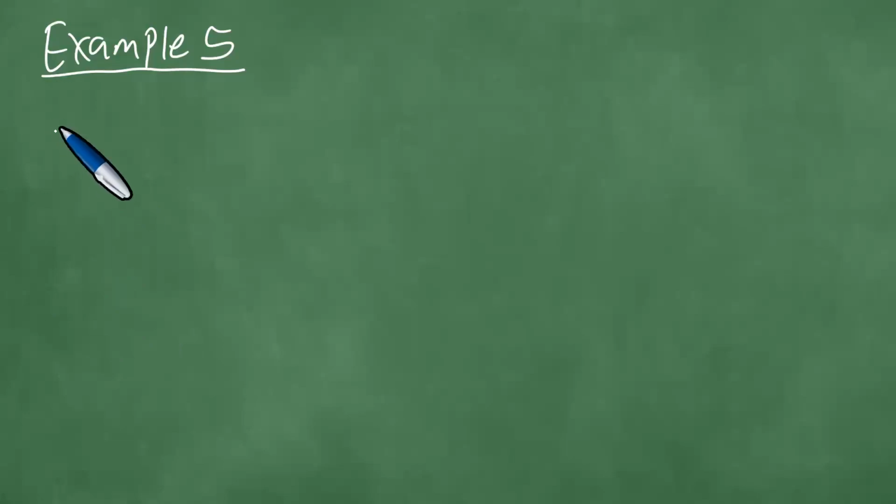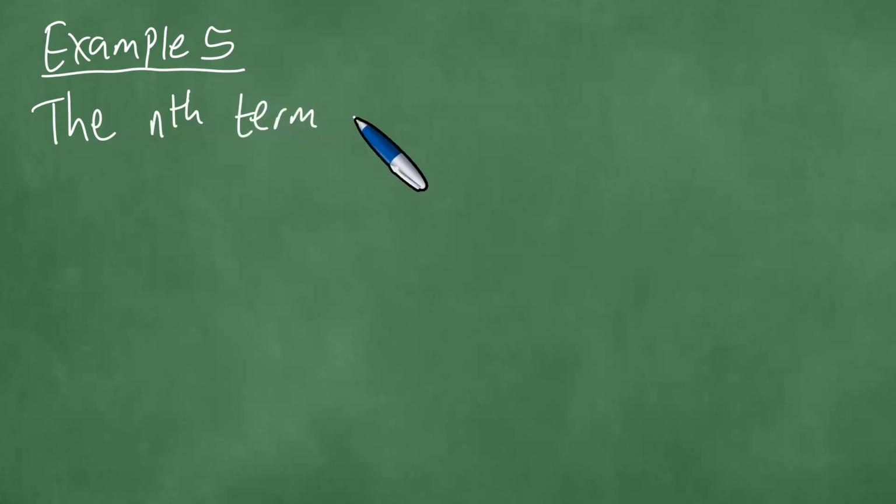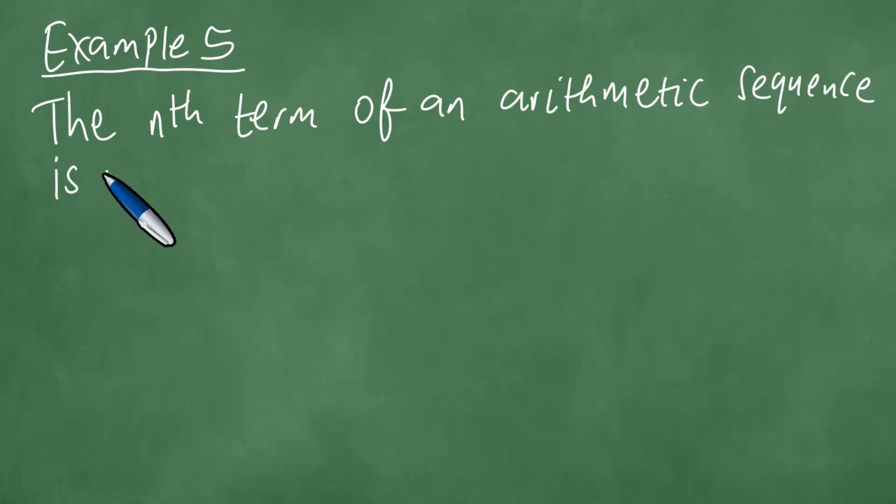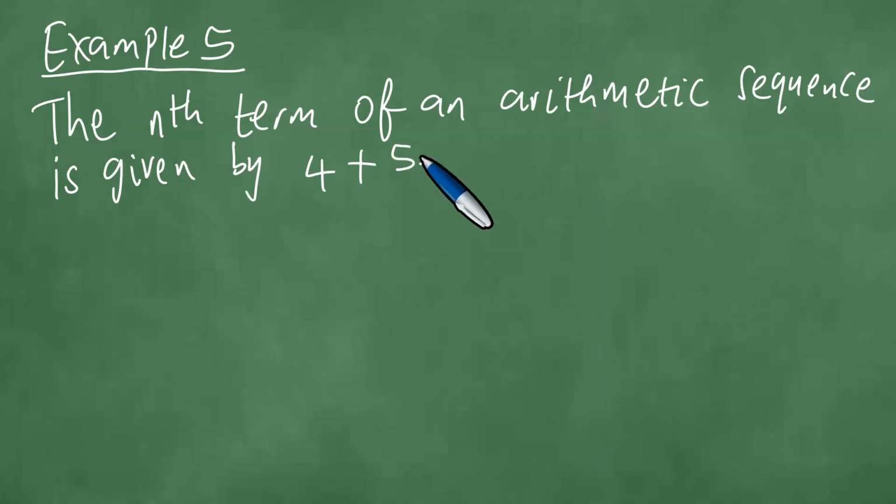Example 5 says the nth term of an arithmetic sequence is given by 4 plus 5n.